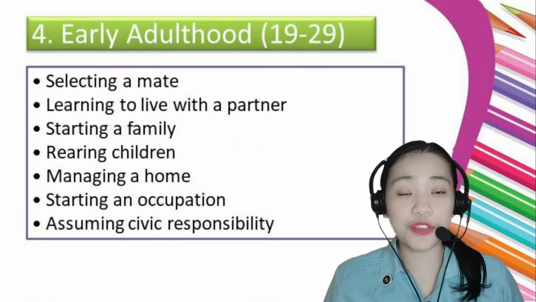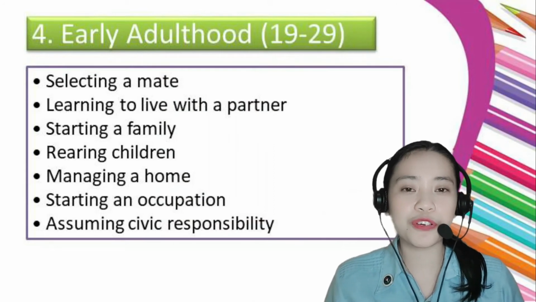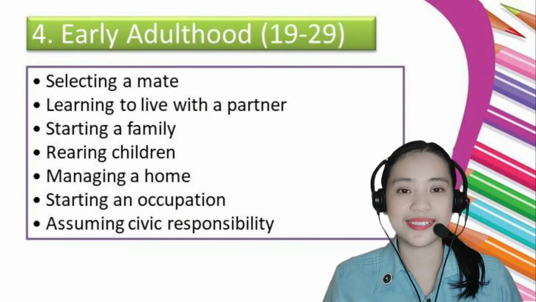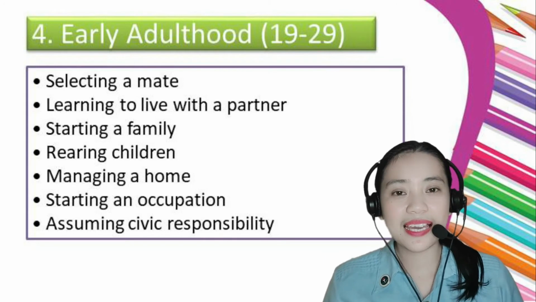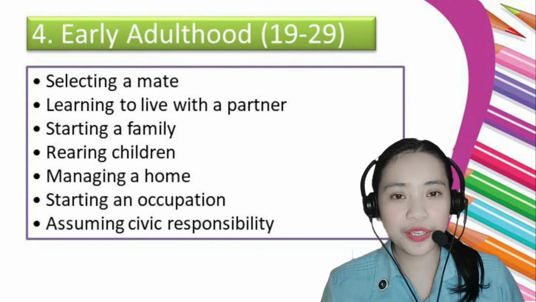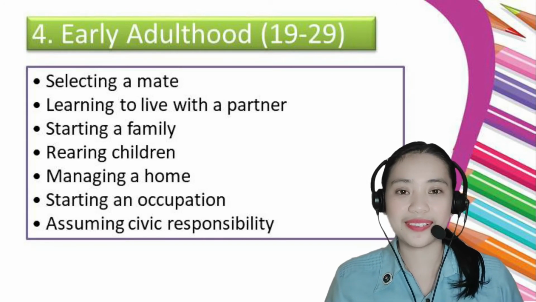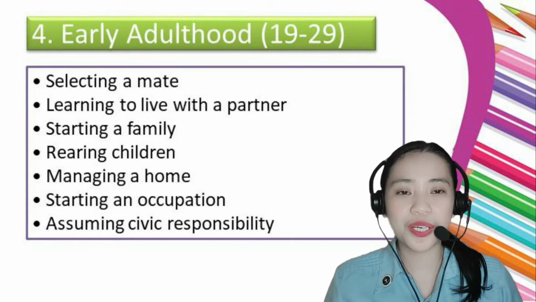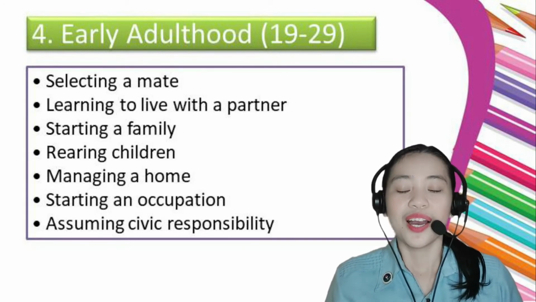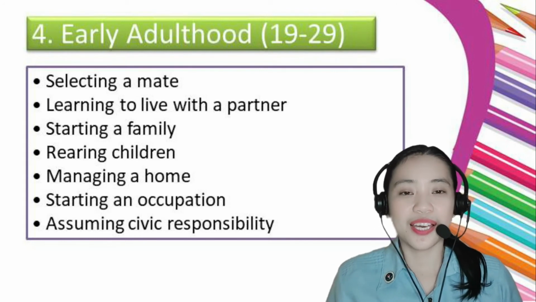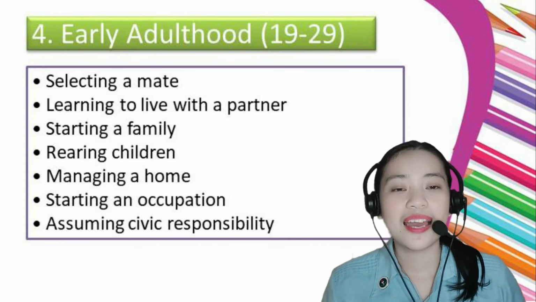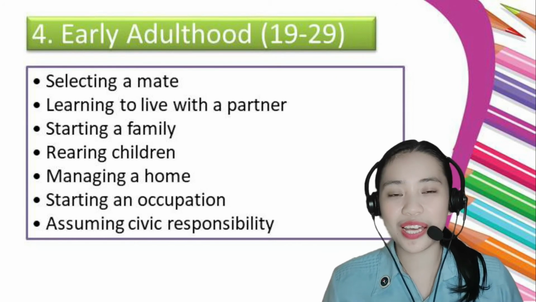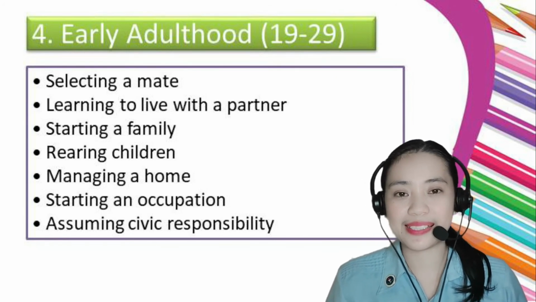This is the stage of development that is commonly referred to as settling down. A mate will be selected and people learn to live with their desired partner. A family may be started and raising children becomes a priority. The focus of this stage is ultimately to create and then manage a loving home environment.